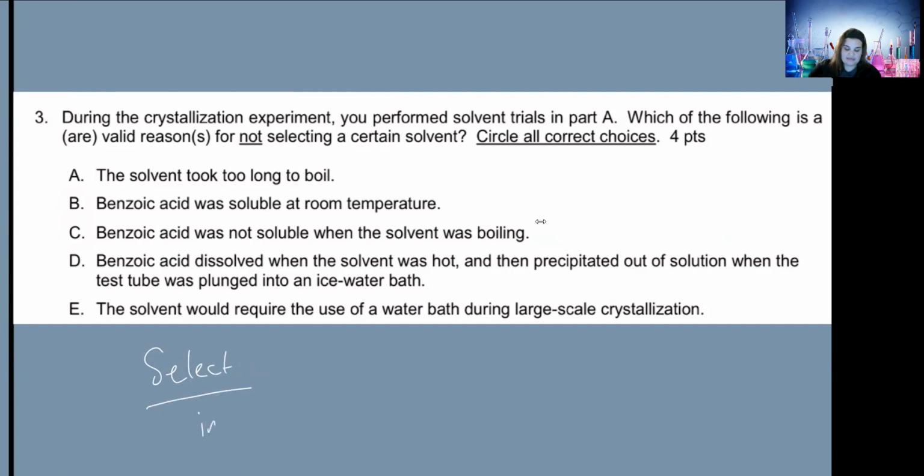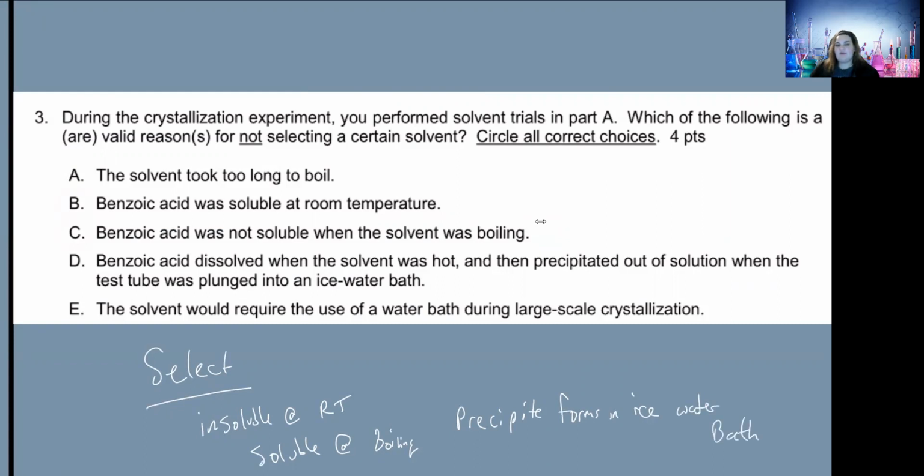We would select a solvent if it's insoluble at room temp, then soluble at boiling, and then precipitate forms in an ice water bath. Those are the 3 requirements we're looking at when we do these kinds of questions.